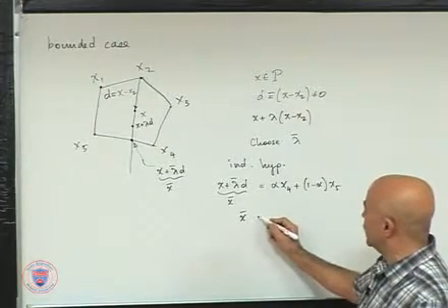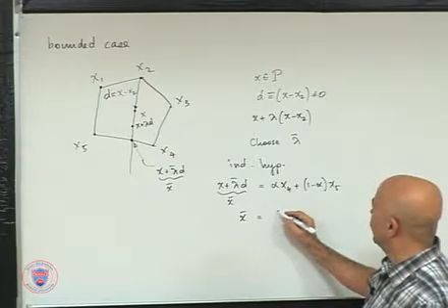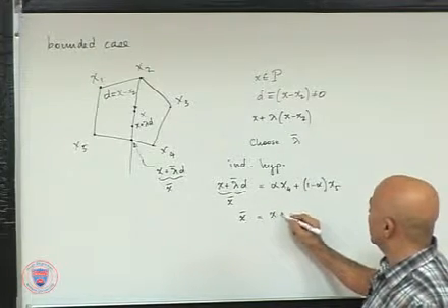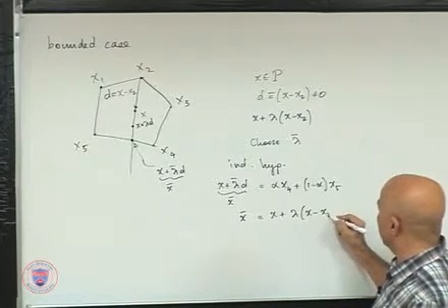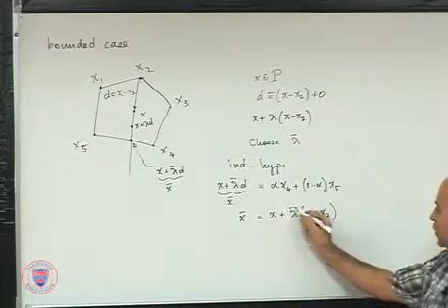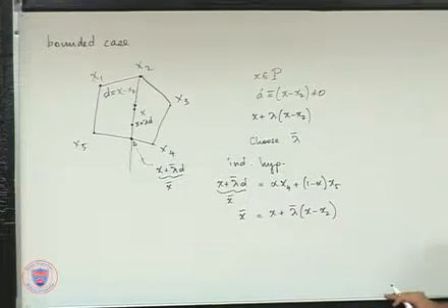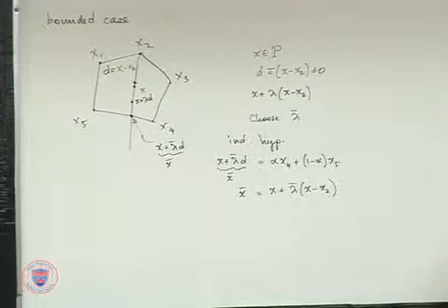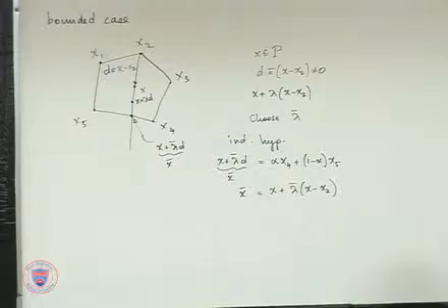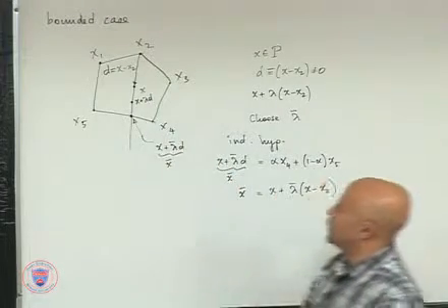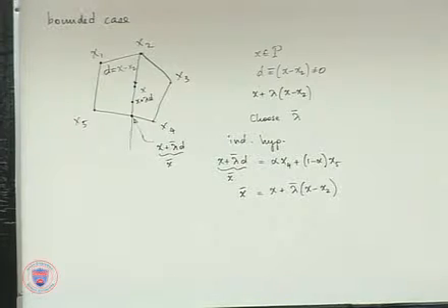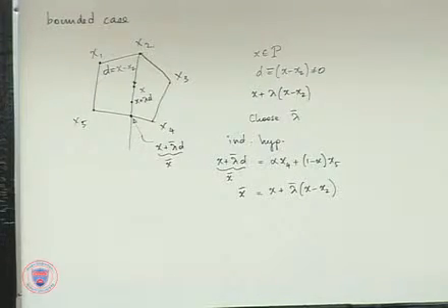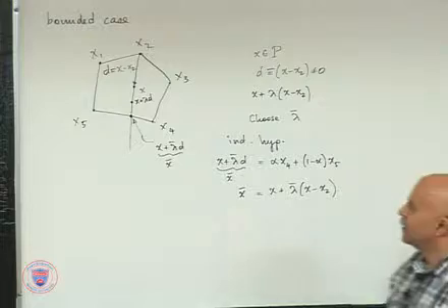And x bar is equal to the old point x plus lambda times x minus another extreme point x2, with lambda bar. So how do we express x as a convex combination of the points of interest here? A convex combination of x2 and x bar.